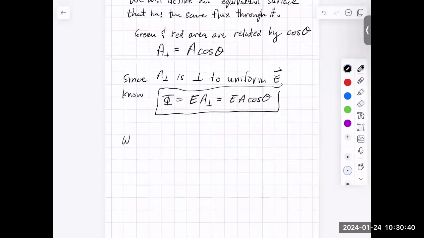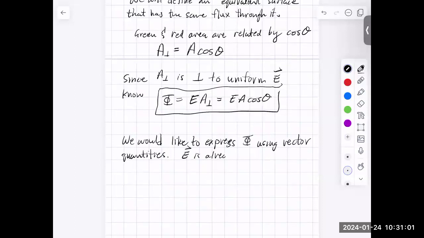So we would like to express the flux using vector quantities. E is already a vector. So we need to define an area vector.